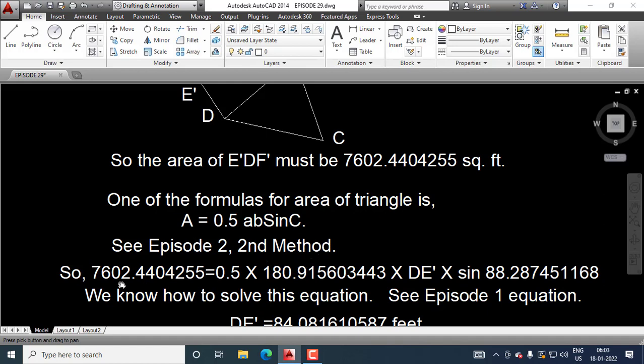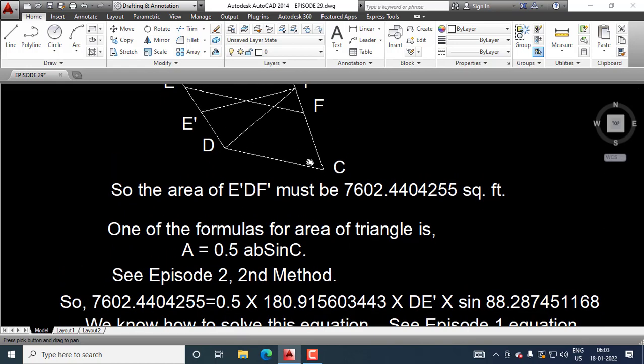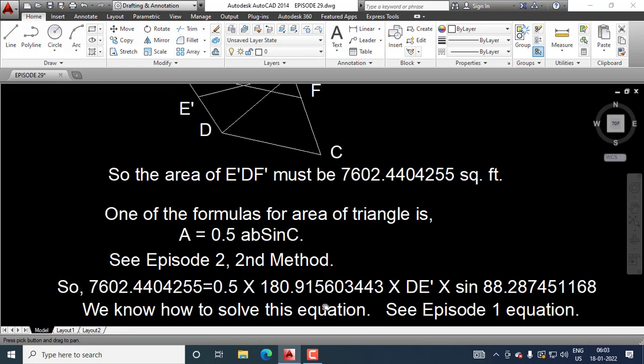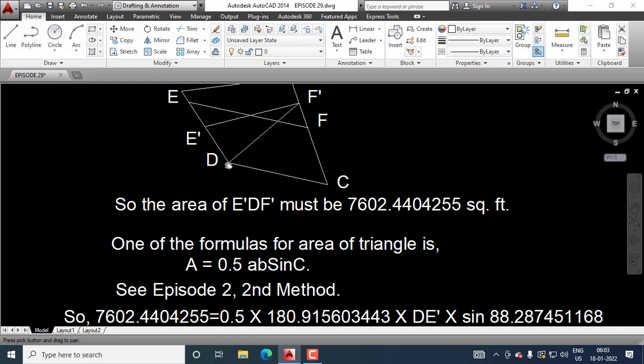A is 7,602.4404255. 0.5 is 0.5. DF dash is 180.915603,443. DE dash is this one. We must calculate this one so that we can fix E dash.